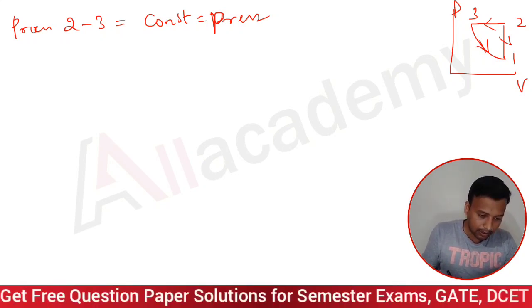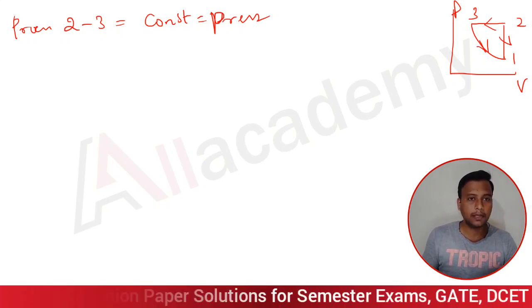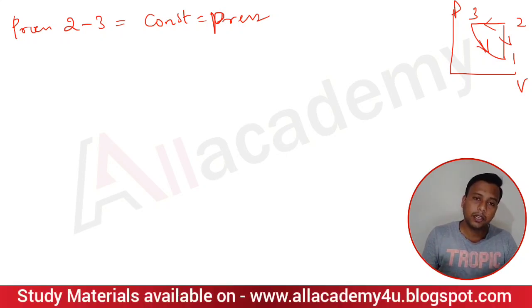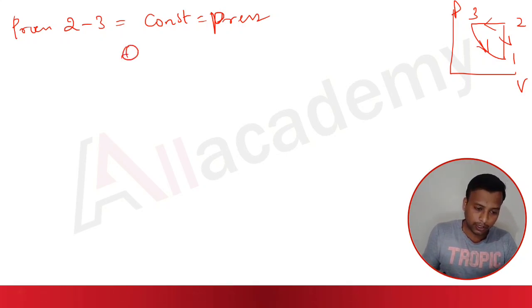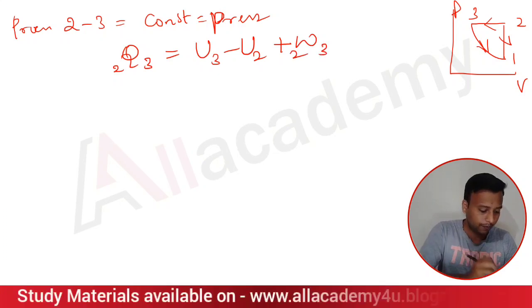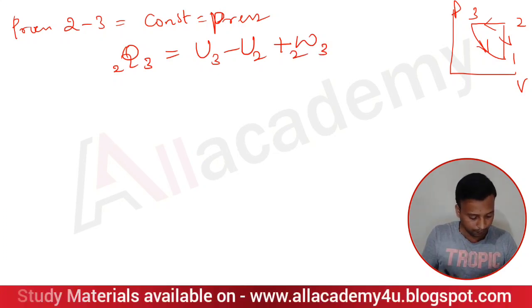Now in a constant pressure process there will be some quantity of work, but from the first law of thermodynamics we know that Q2 to 3 will equal U3 minus U2 plus W2 to 3. Q2 to 3 is already given.